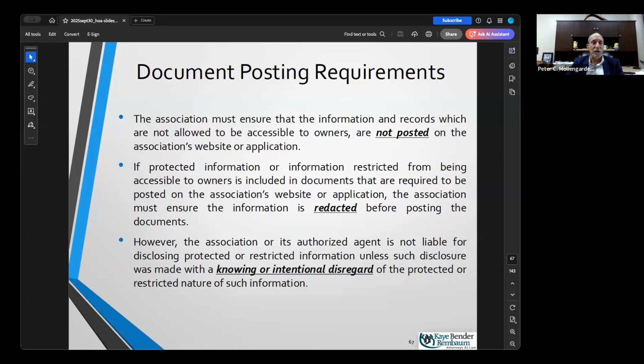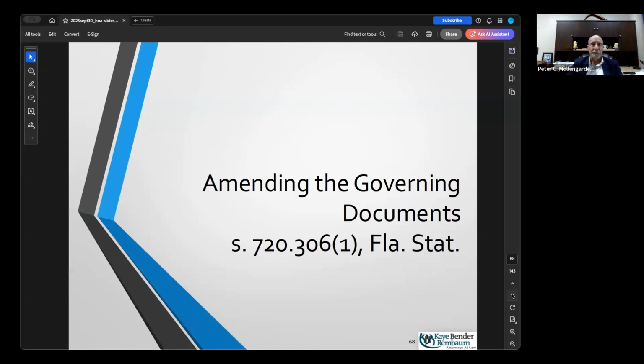However, the association or its authorized agent is not liable for disclosing protected or restricted information unless such disclosure was made with a knowing or intentional disregard of the protected or restricted nature. So there's no liability if it's an oops, an inadvertent error. But that doesn't apply to a knowing or intentional disregard of the protected nature of it.